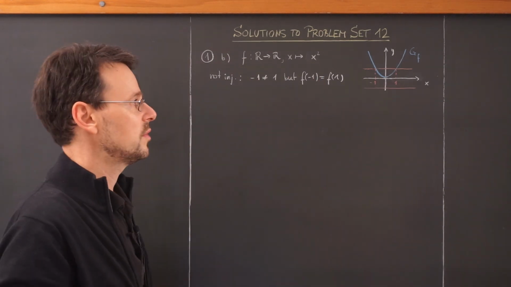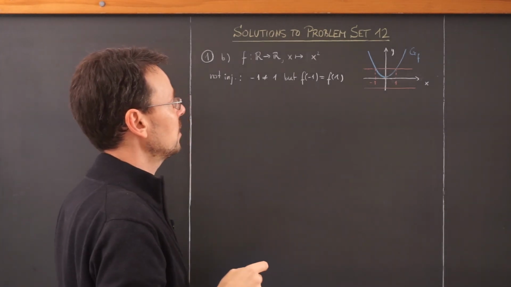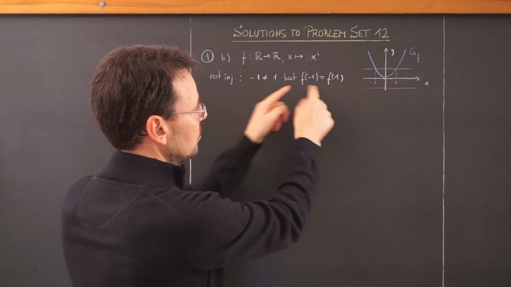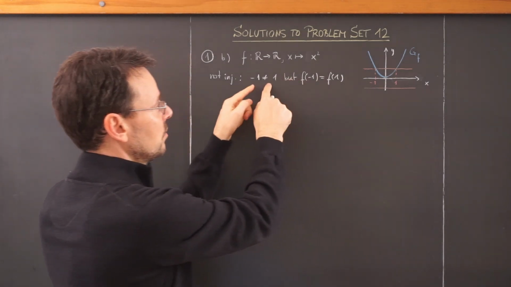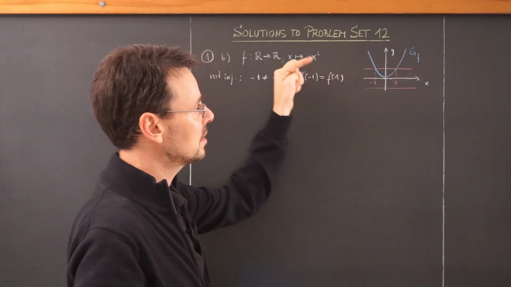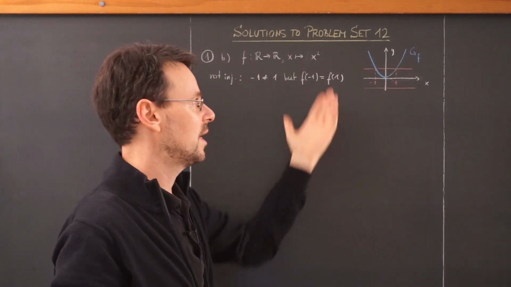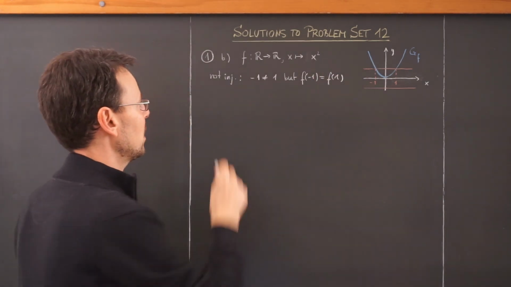They're using the contraposition of the injectivity property. Or you can say this way, these are equal, but those are not. So it's not injective. And here in the graph, you can see that this red line here intersects more than once, and then the function is not injective.